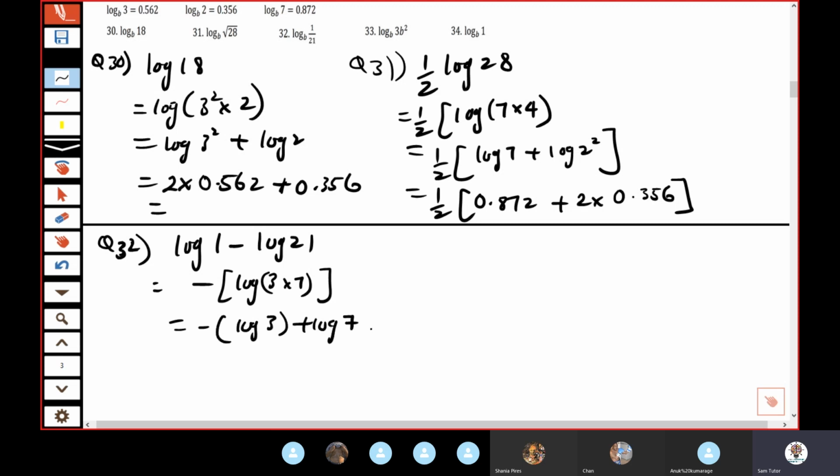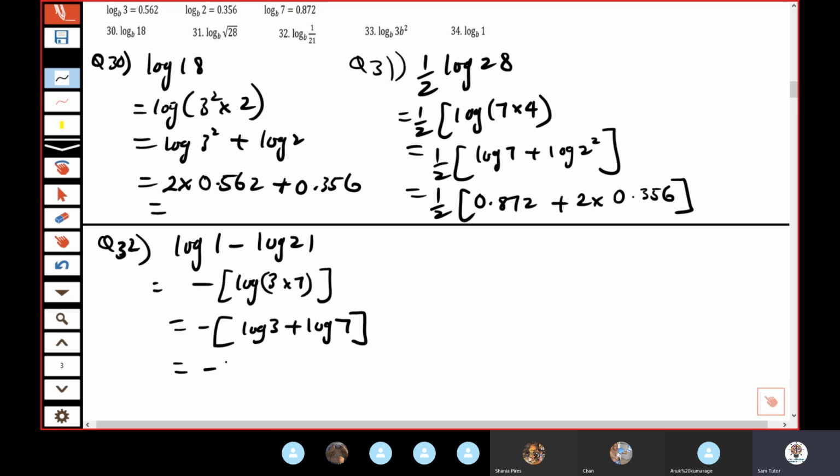If you wrote that, it's wrong. The reason why that's wrong is because that whole bracket should have been attached. So negative, log 3 plus log 7. So now the subtraction sign is for both of them.